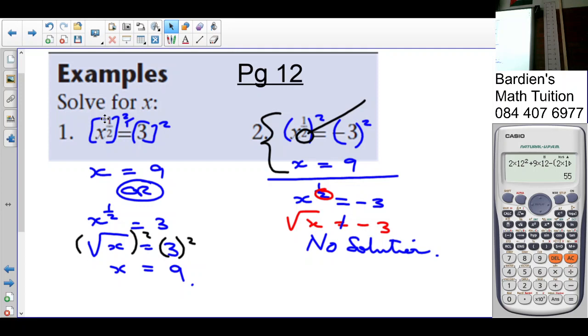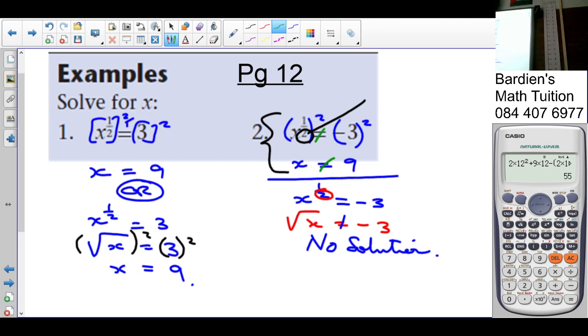If the denominator is even, the number on the other side must be positive. So what if it's not positive? Did we just say no solution? Yes, no solution for both methods.